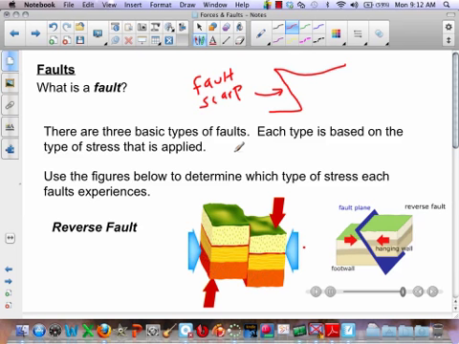So reverse is a compression force, and it creates a hanging wall. Again, we call it hanging, then that cliff face is going to be hanging over the other wall.